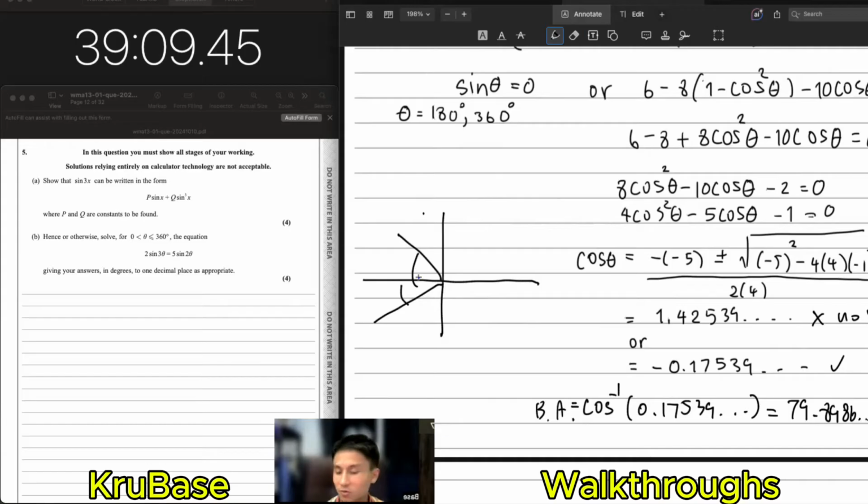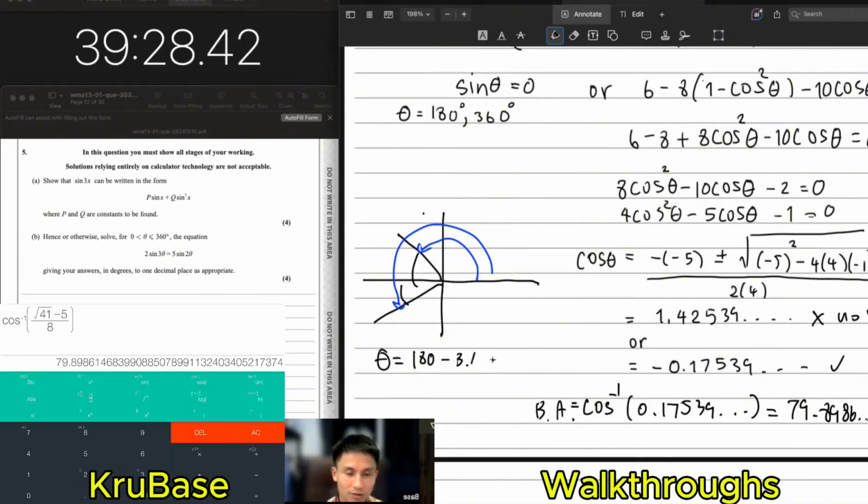I'm not going to write the angle down. So we want, yeah, from 0 to 360. So I go like that and like that, right? Okay. So one being 180 minus the basic angle equals, so I'm going to do 180 minus that. Okay.